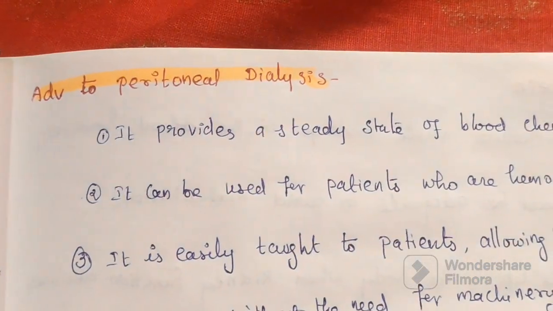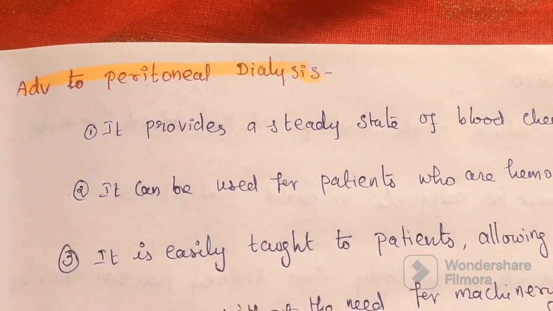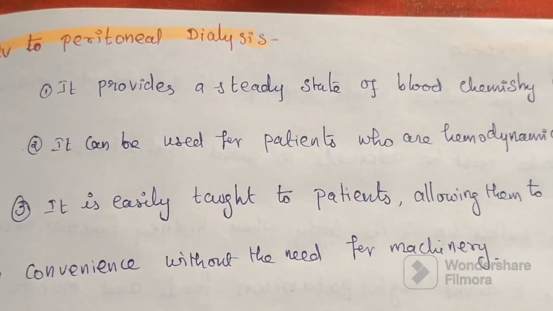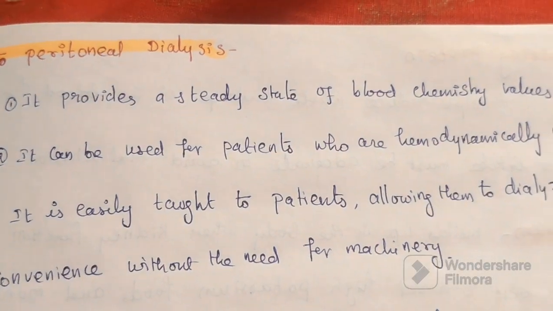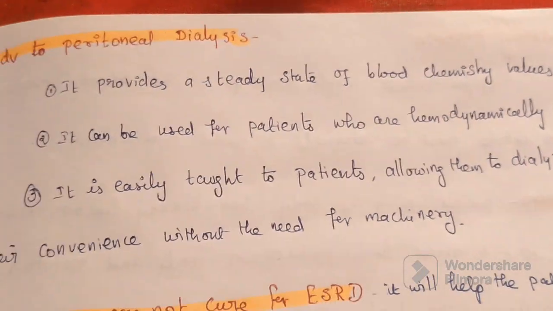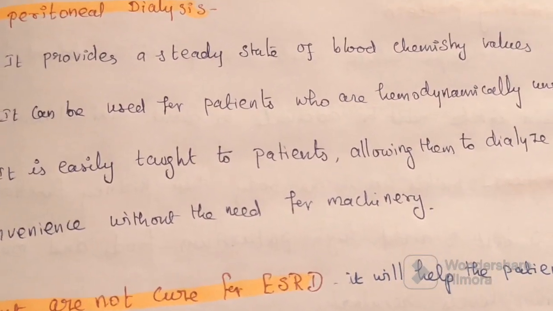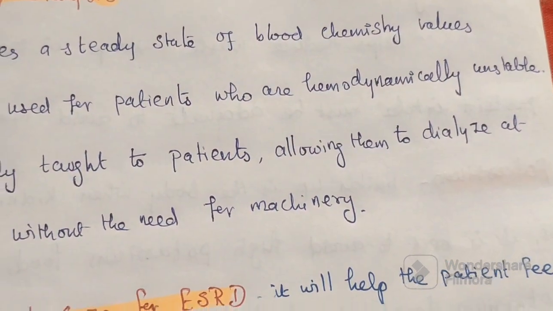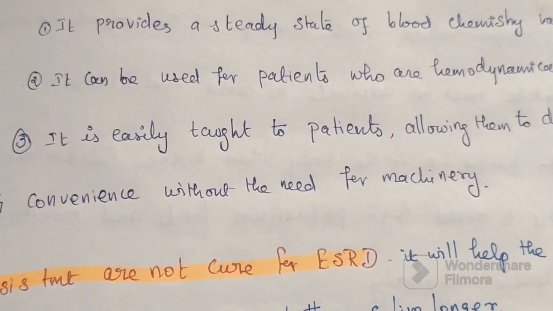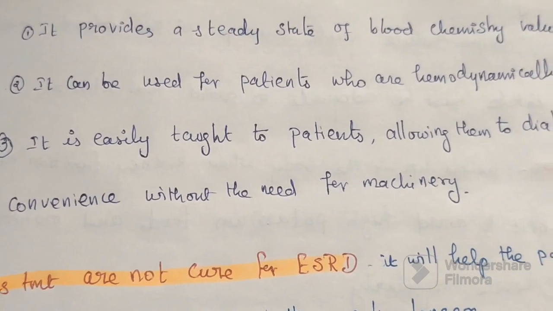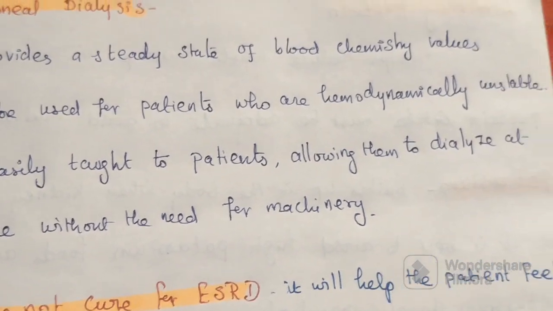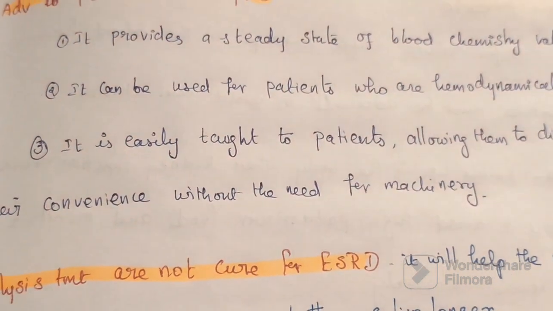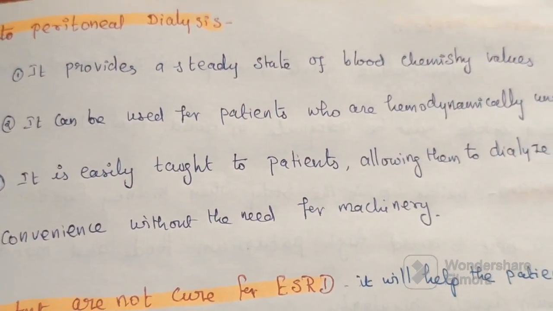Then what are the advantages of peritoneal dialysis? It provides a steady state of blood chemistry values. It can be used for patients who are hemodynamically unstable. It is also easily taught to patients, allowing them to dialyze at their convenience without the need for machinery.